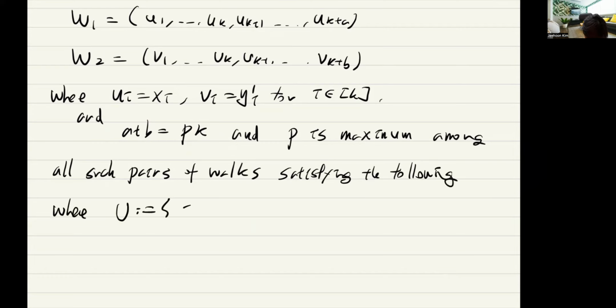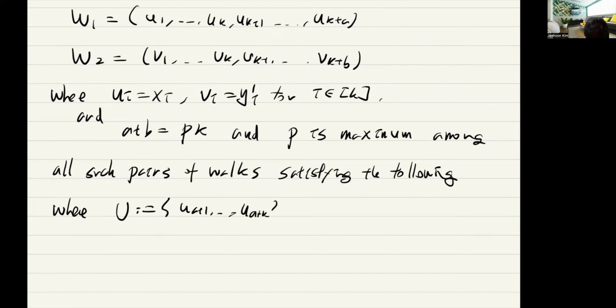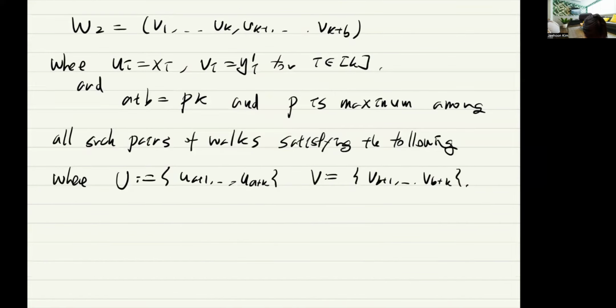where U is the last K vertices in the K-clear walk, and then V is again the last K vertices in there.